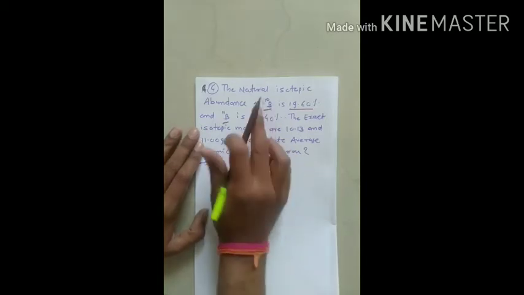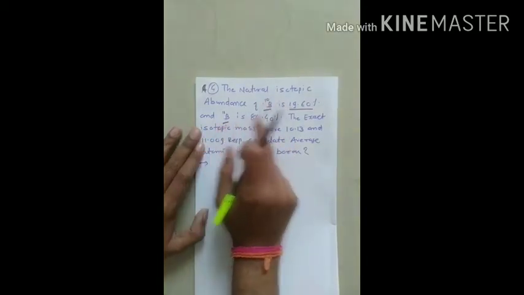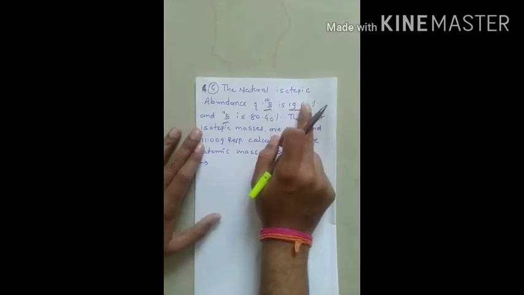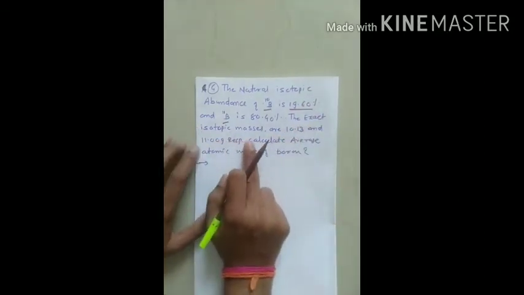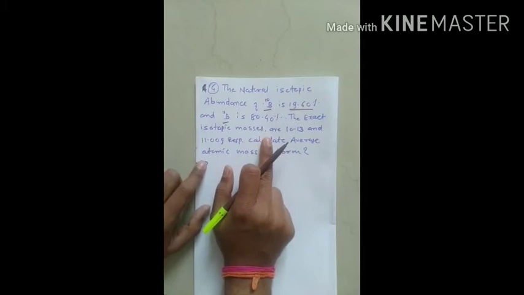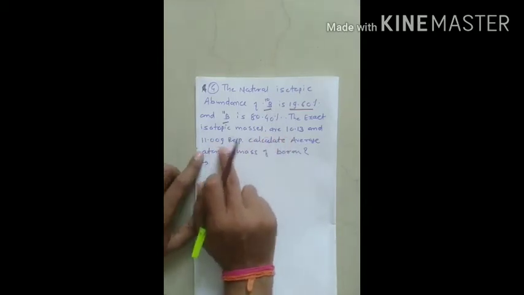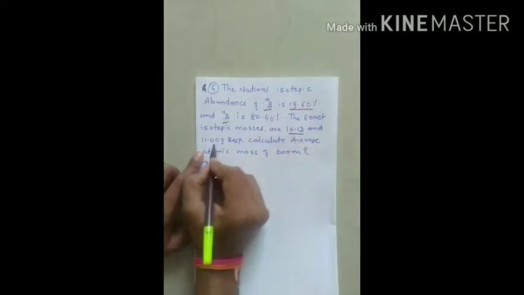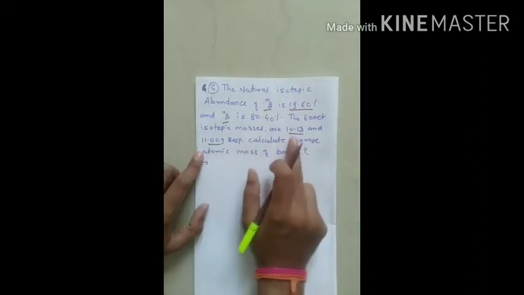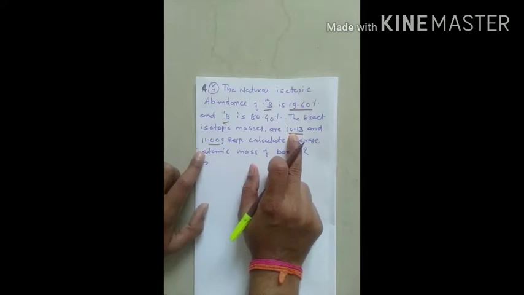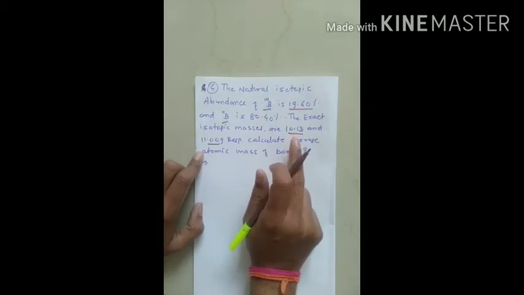So two isotopes of boron are given along with their percentage abundance. The exact isotopic masses are 10.13 and 11.009: for B10 it is 10.13 and for B11 it is 11.009. We have to calculate the average atomic mass of boron.